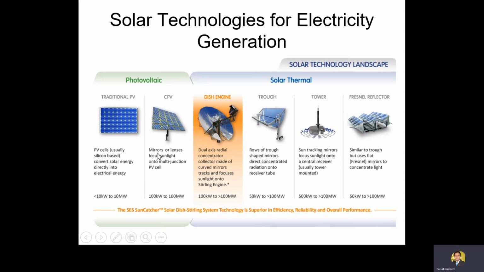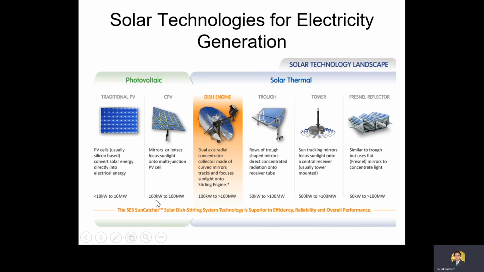For the time being, it is important that there are mirrors and lenses which focus the light on the PN junction, and due to that the intensity of light at the PN junction increases, and therefore they become more efficient as compared to the traditional PV technology.